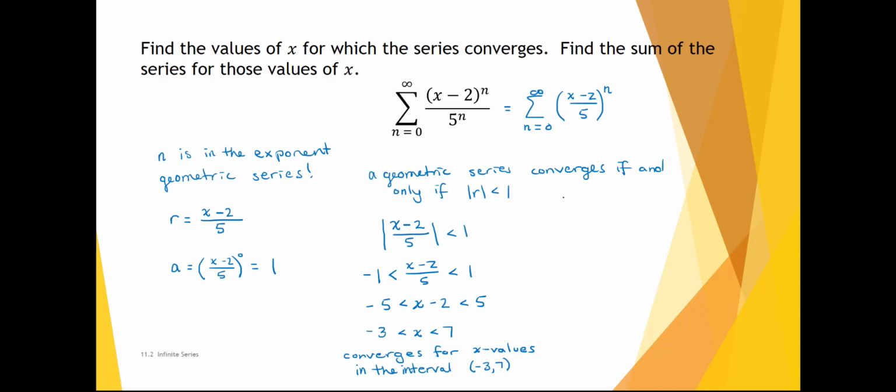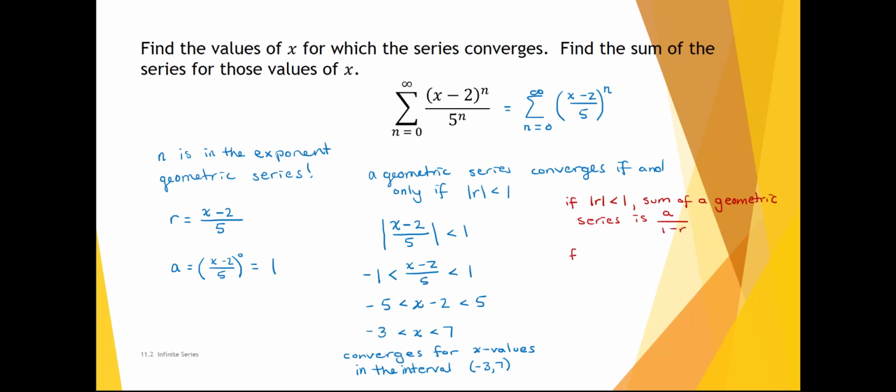So for a geometric series, we know that as long as it's convergent, as long as the absolute value of r is less than 1, the sum of a geometric series is a divided by 1 minus r.